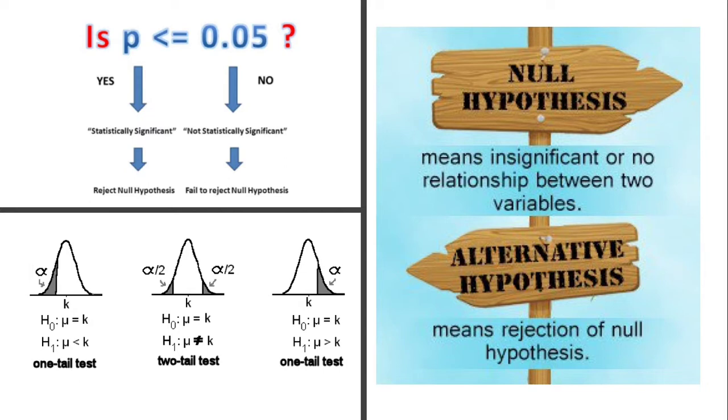So if we reject the null hypothesis, then we accept the alternative hypothesis, which is that there is a significant difference between the groups. If we have a p-value less than 0.05, so it's statistically significant, we reject the null. If it's greater than 0.05, and we're going to talk about that here in a moment, then we fail to reject that null hypothesis.